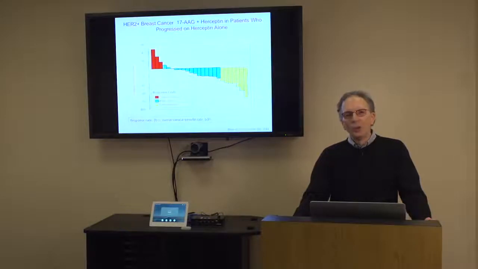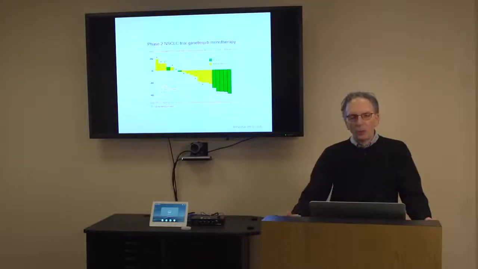When 17-AAG was included along with Herceptin, there was a significant response rate of 26% and an overall clinical benefit rate of 63% in these patients whose cancers were otherwise no longer responding to treatment. Similarly, in a phase 2 study of non-small cell lung cancer, another HSP90 inhibitor used as monotherapy showed significant responses in ALK-positive non-small cell lung cancer and in KRAS mutant non-small cell lung cancer.